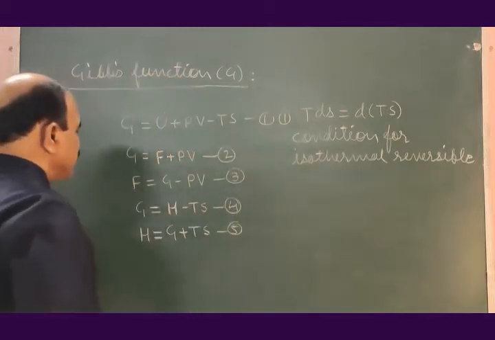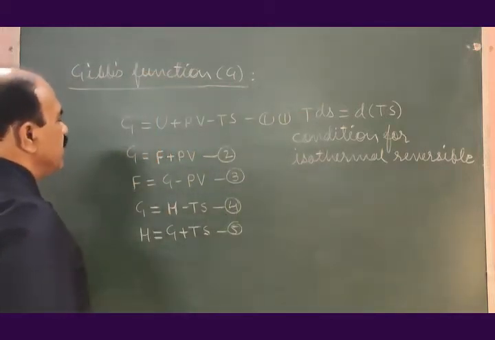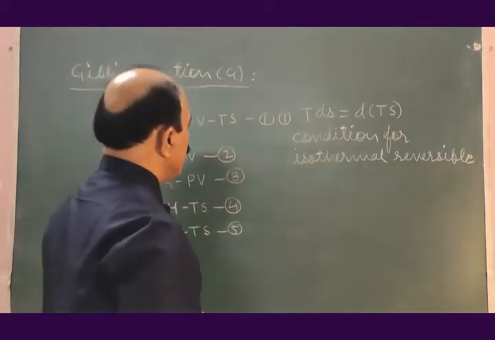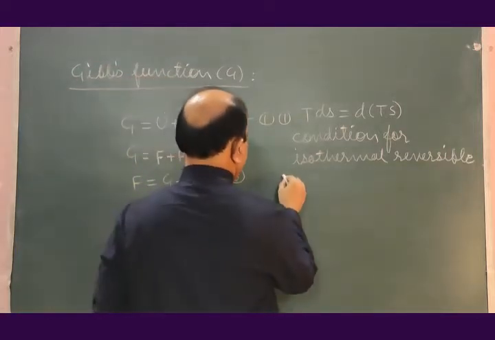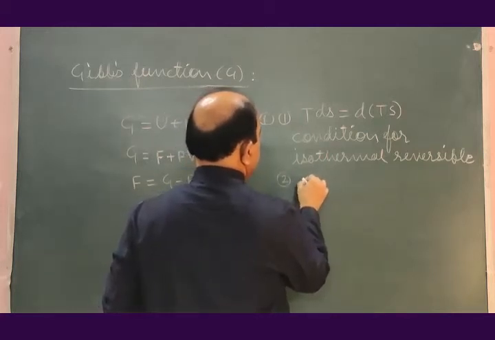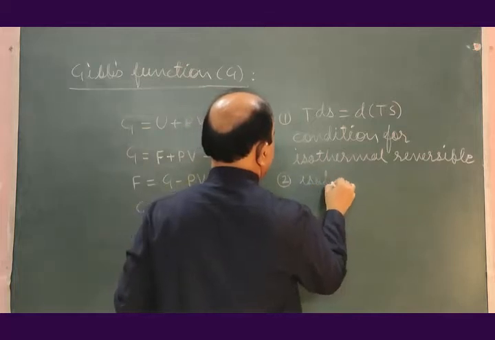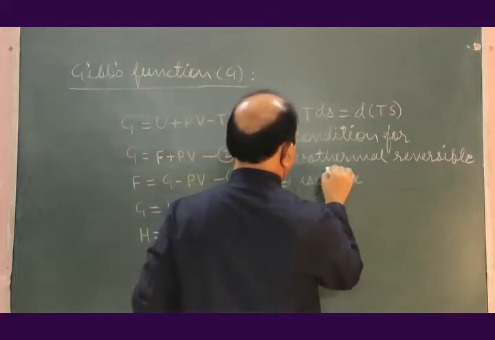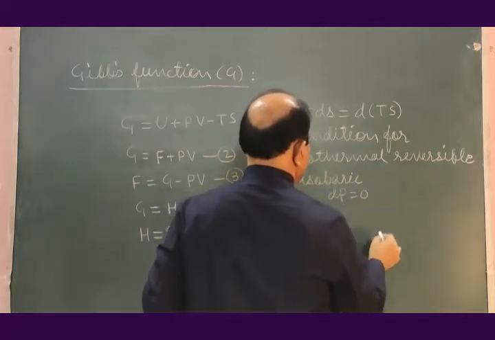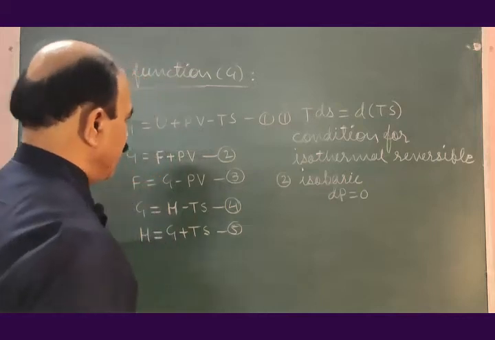One thing. Second thing. What second thing we can consider? Second thing we can consider is the process may be made isobaric. That is, if process is isobaric, dP is equal to 0.